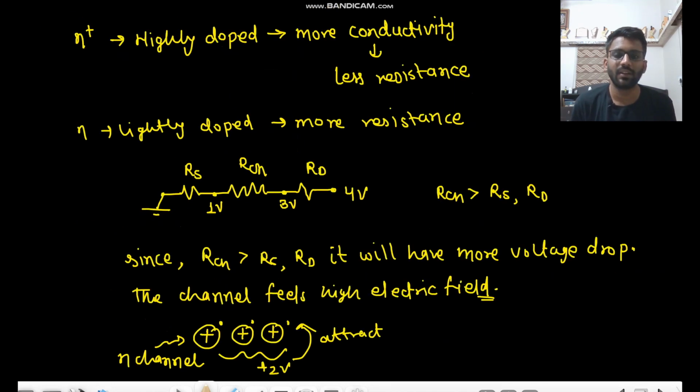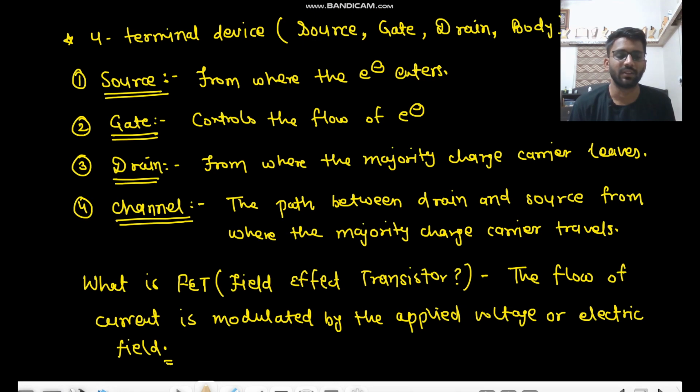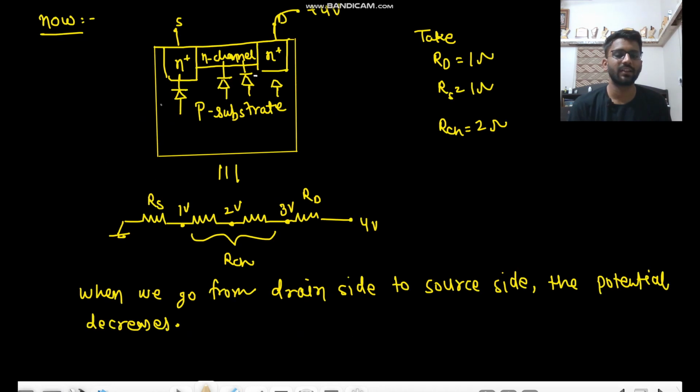So this was your MOSFET, and these were common definitions like what is source, gate, drain, and channel. Then we saw the effect of VDS. Most of the VDS will occur across the channel, and that will attract the electrons. Then we saw that if we go from drain to source side, the reverse bias is getting decreased.